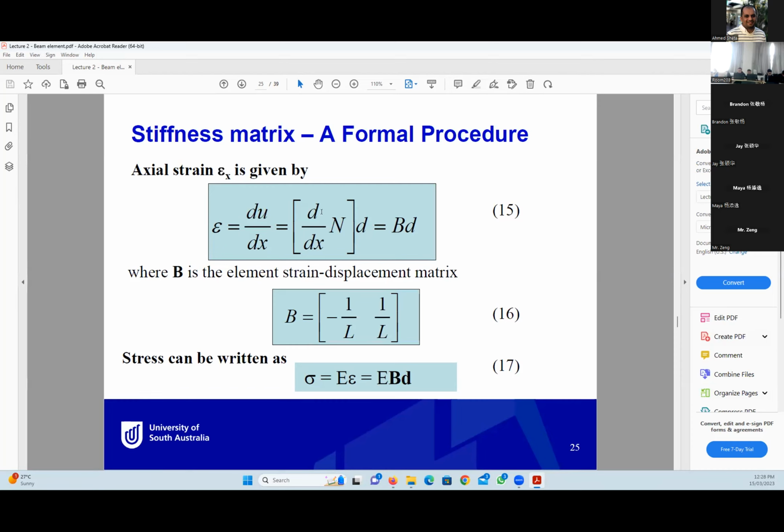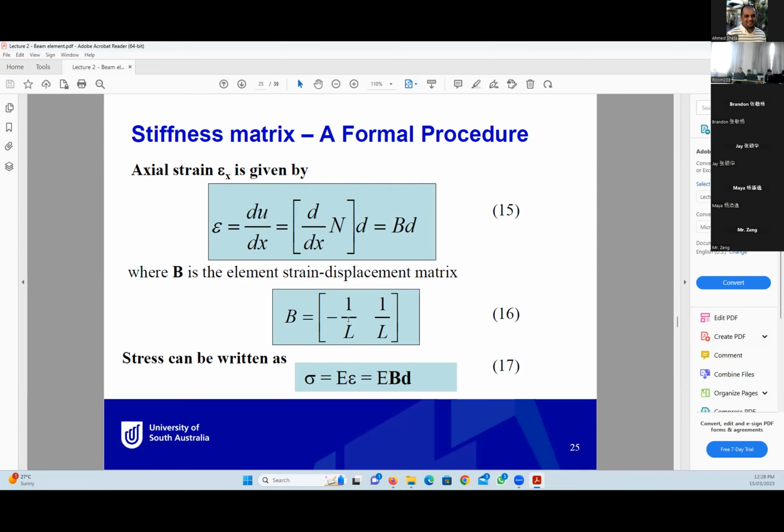This means that we will get the derivative of the shape function N times d, which gives us B times d. So the strain, this is the final formula we need to know. The strain in a bar element equals B times d, where B is the element strain displacement matrix and d is the displacement matrix.